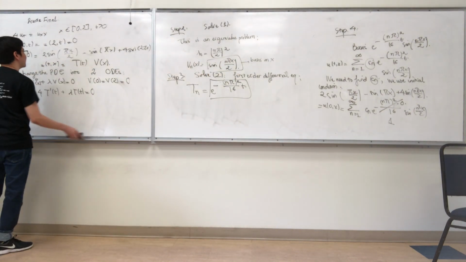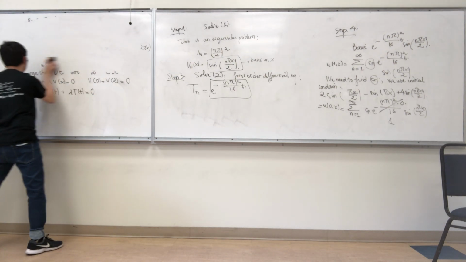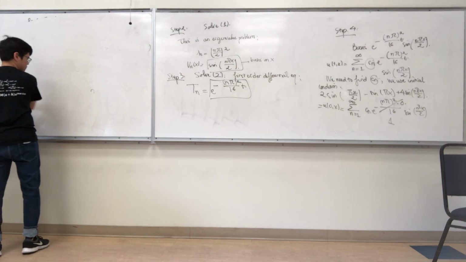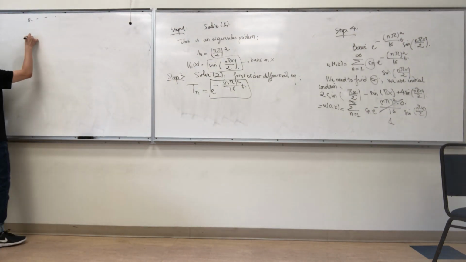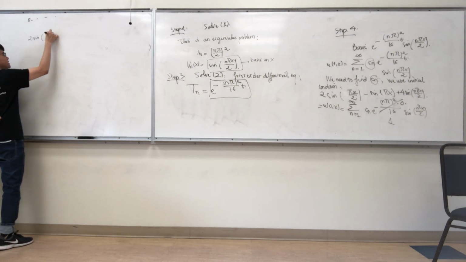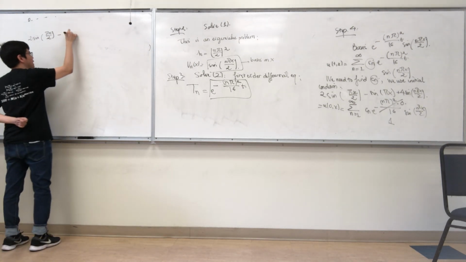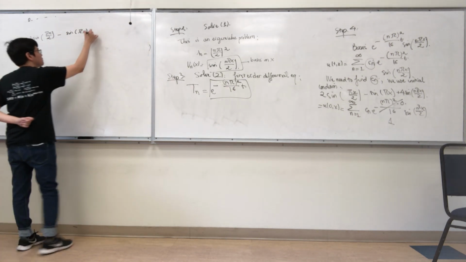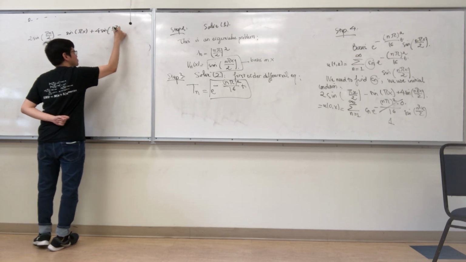Alright, so now let us try to find Cn. So now you have the following. You have 2 sine of pi x over 2 minus sine of pi x plus 4 sine of n pi x over 2.